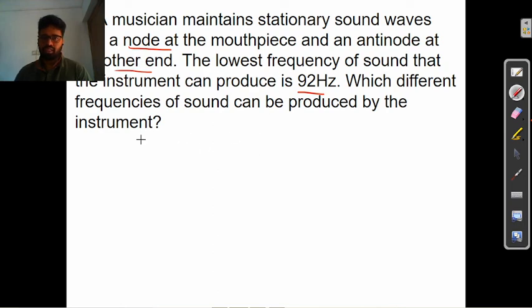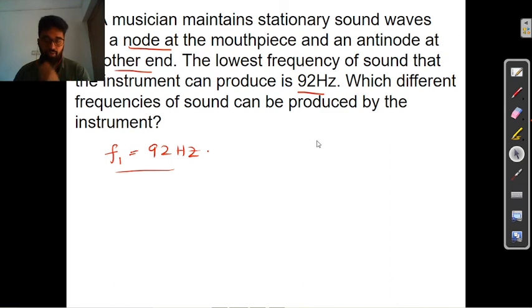So this is an instrument, more like a flute. You have a node at one end and an antinode at the other end, and your fundamental frequency is 92 Hz. So this is the question they are giving, and they are asking which frequencies of sound can be produced.